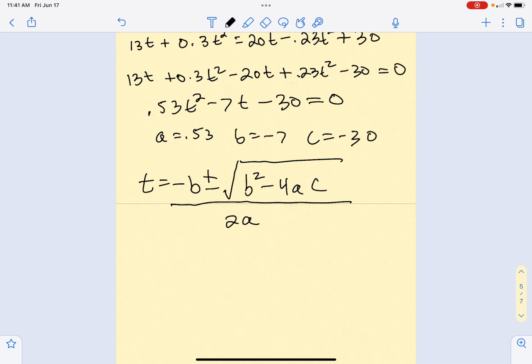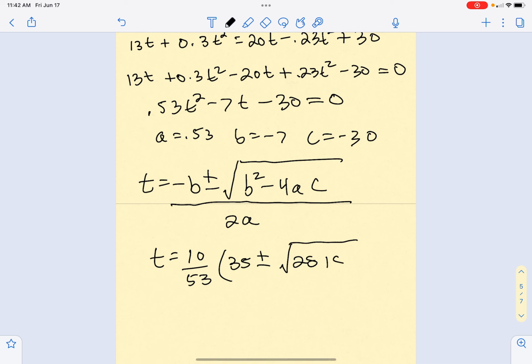And by the quadratic formula, you want to choose the positive answer. So you'll have time is equal to 100 over 53 times 35 plus or minus the square root of 28.15.